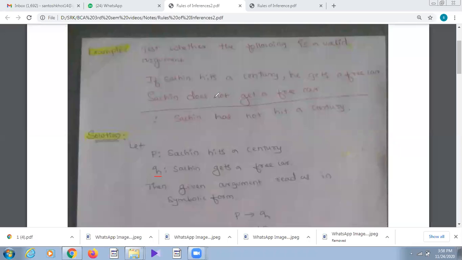Whenever you get the opposite sentence or negation of a particular sentence, you cannot write it separately. You only take the primary statements. You cannot take negations or negative statements. The conclusion, Sachin has not hit a century, is also a negative of this sentence, the negation of P. So there is no need to take a separate sentence.